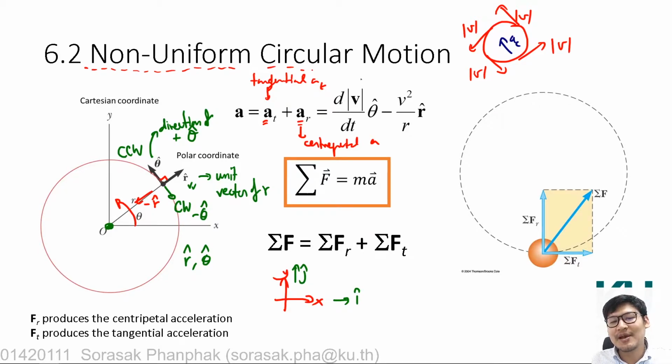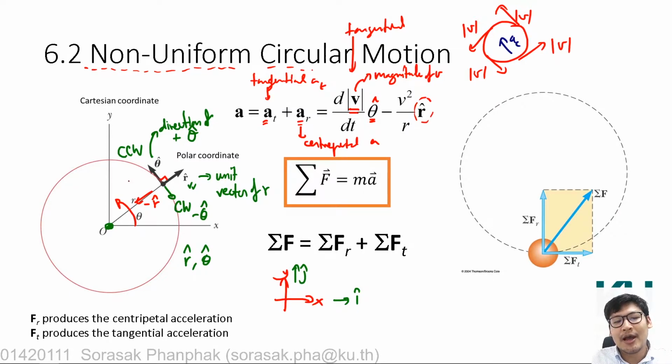So what does this mean? The tangential acceleration is due to the change of the speed, or the magnitude of velocity v. It points in the theta direction, the tangential direction. This is how theta hat represents the tangential part. How about r?